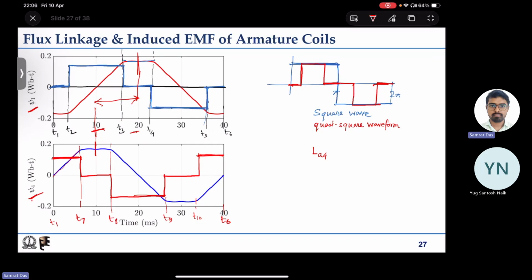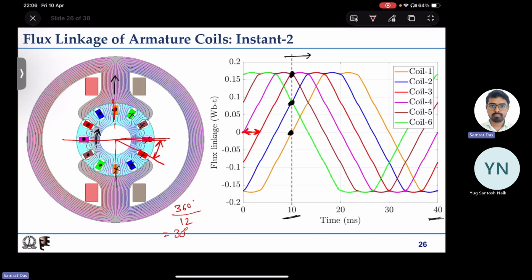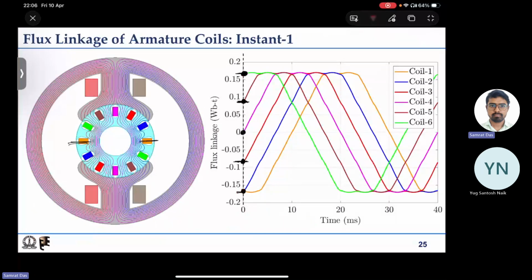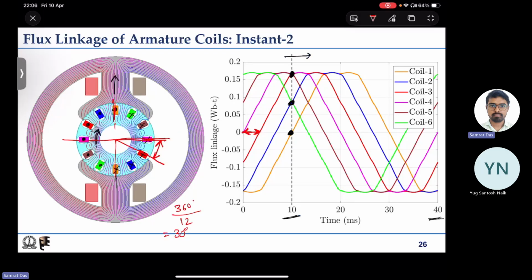And the inductance, if you consider the pink coil, I will go back probably here. The pink coil axis was horizontal here. Now as it has moved, the axis becomes vertical. You can clearly see that the air gap path is very different along these two different axes for the pink coil.